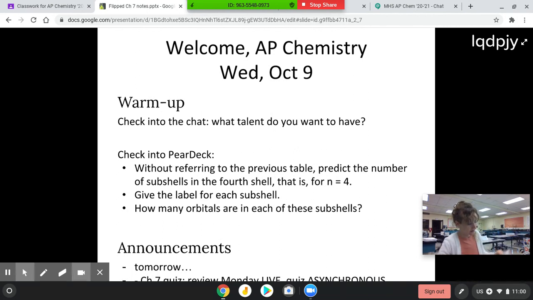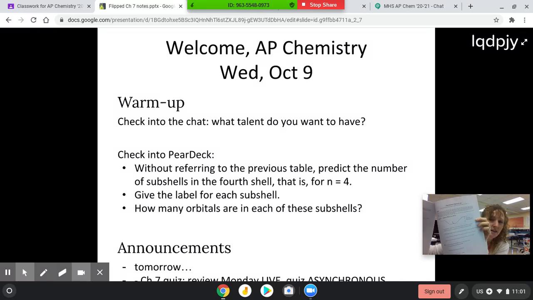Okay, so it's in the packet that has the mass spec stuff on the front, and it's the very last one here, photoelectron spectroscopy.